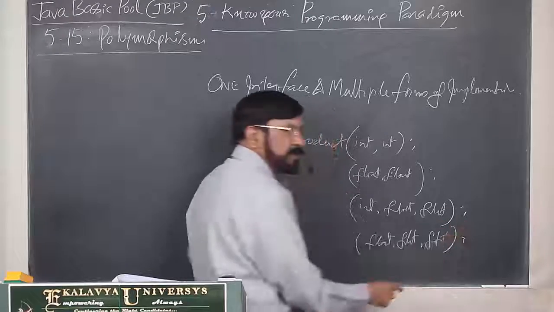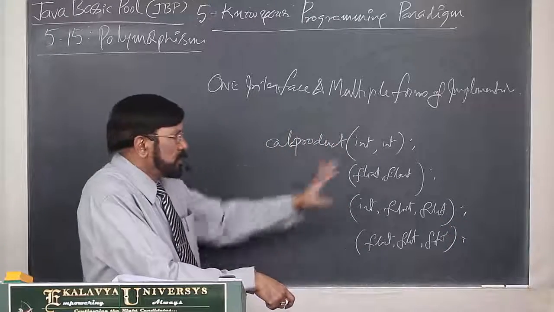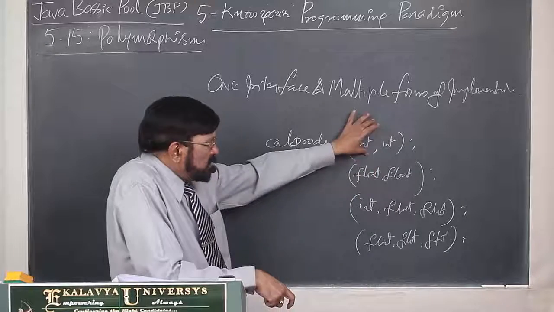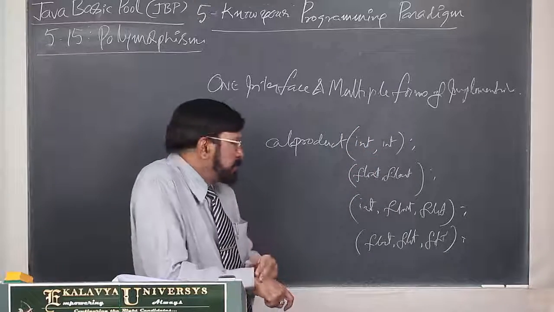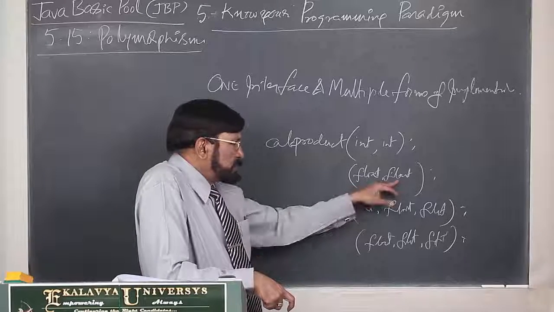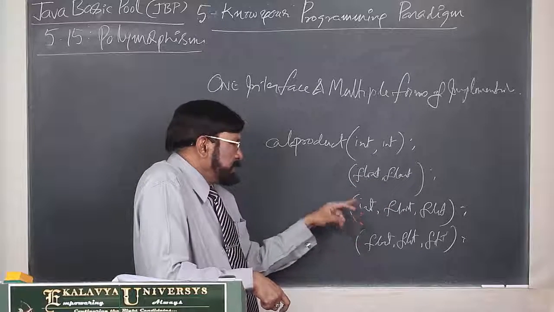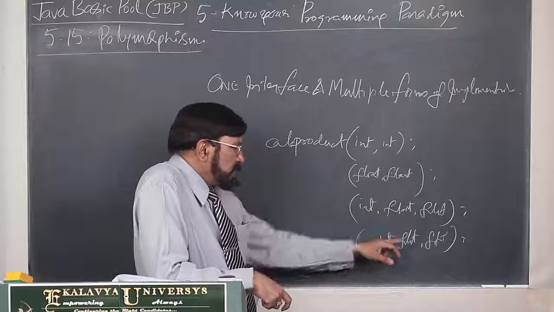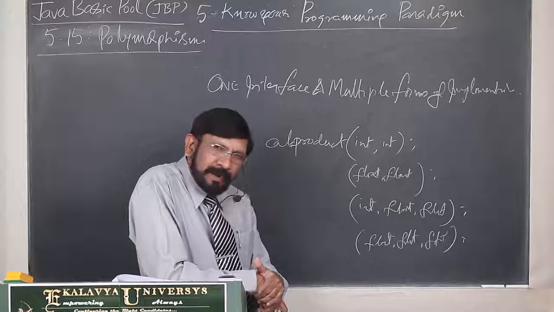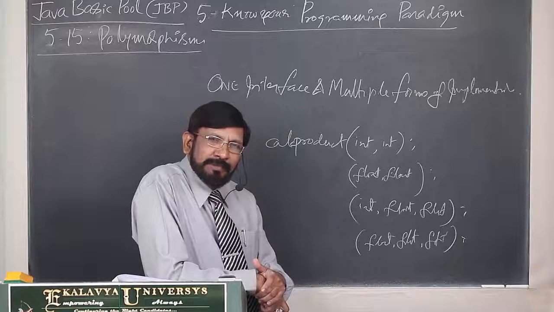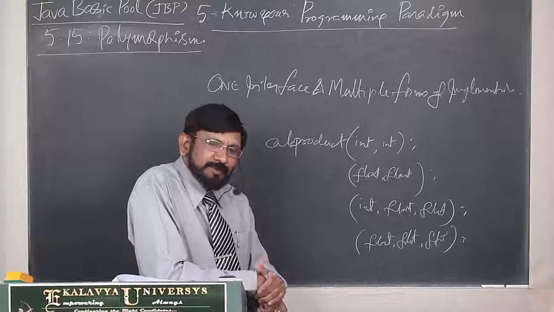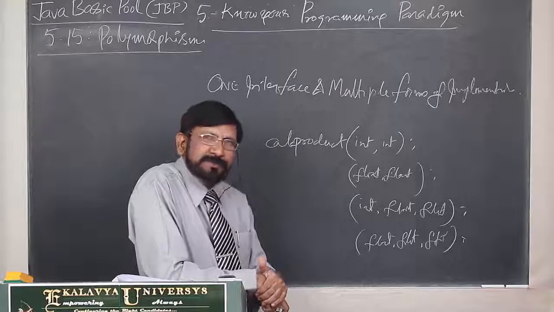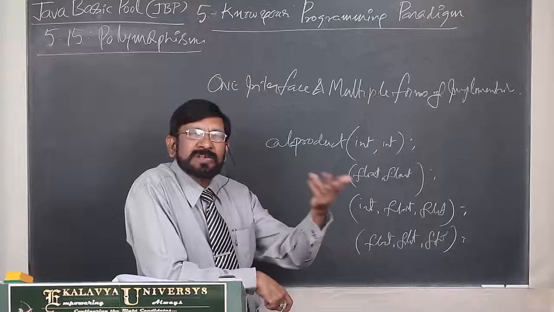Suppose that program demands you to perform four variations. One function takes only two integer arguments, another takes two floating point arguments, the third takes int, float and float, and the fourth takes all three floats. But you are supposed to give the same name, because names should be self-explanatory.